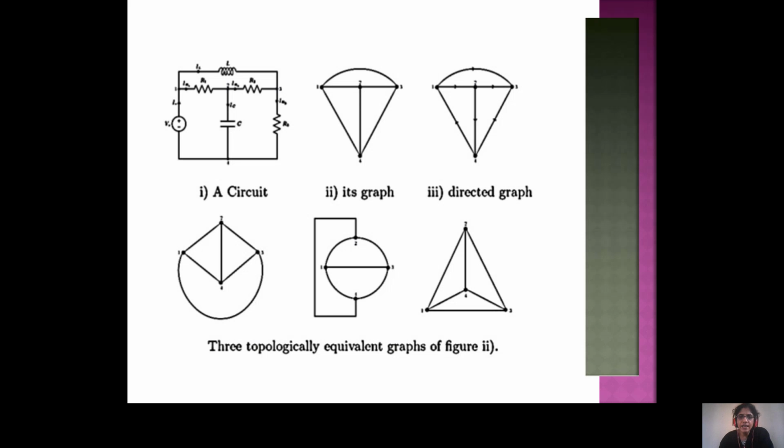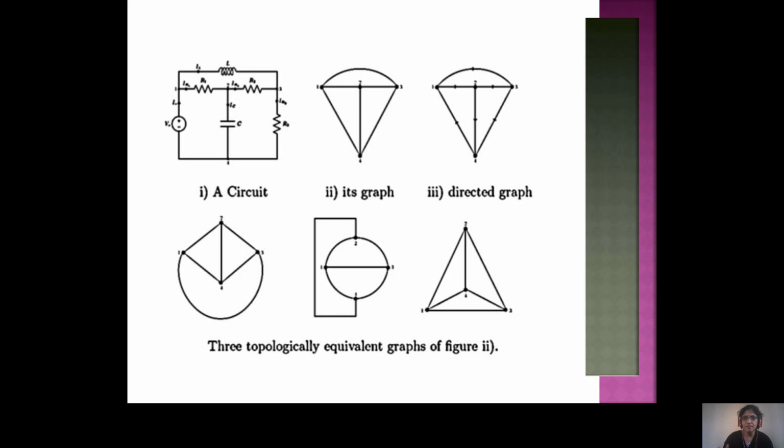The same thing here also: 4 nodes and 1, 2, 3, 4, 5, 6 branches. Like that, here also there are 4 nodes and 6 branches. So whatever the circuit is, you can represent the graph in any way.